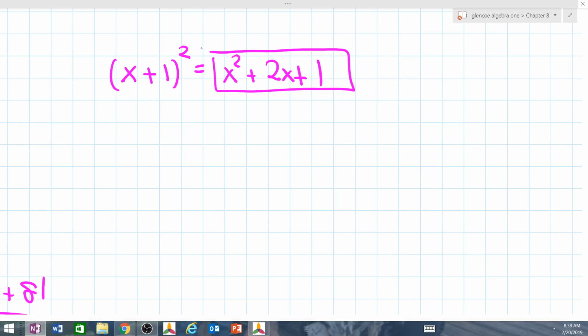Okay, how many people have an answer? Good job. I'll give you about 30 seconds for those of you that still need more time. Remember, (x plus 1) quantity squared means x plus 1 times x plus 1.